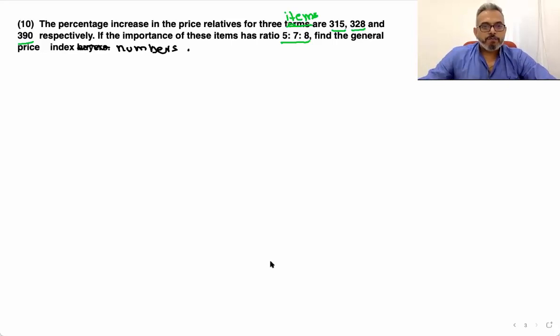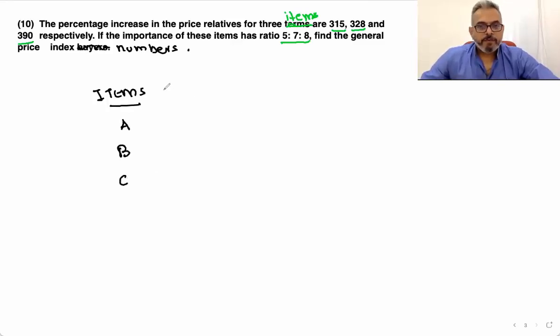Okay, now three items, so A, B and C. Now, percentage increase in price relative.